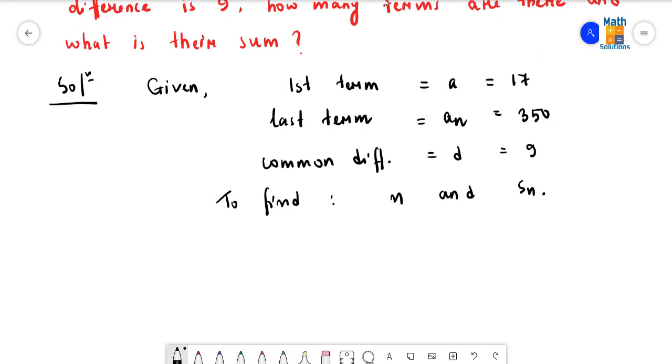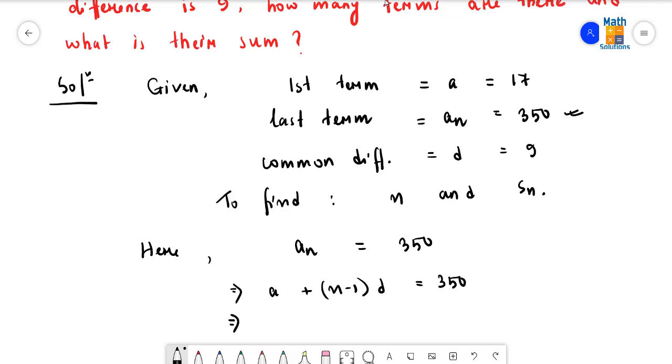So here using this relation we shall be able to find out value of n. So here an is equal to 350. Let's put the value, a plus n minus 1 d is equal to 350. Value of a is already known to us, 17 plus n minus 1, value of d we get as 9, equals 350.